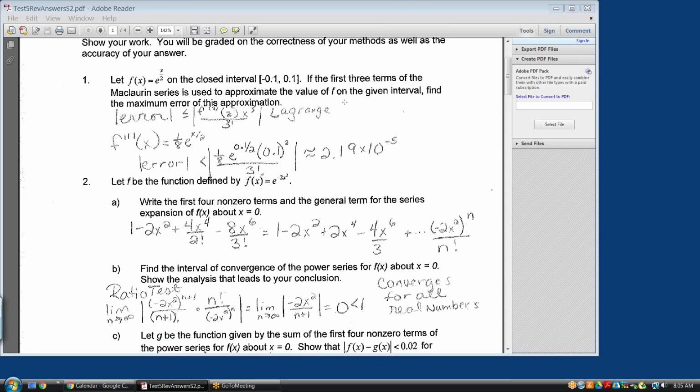And what we know about these intervals is that as we get further and further away from 0, they are less and less accurate at predicting e to the x over 2. So the way you come up with the c is the maximum, or we could have used the minimum value, it wouldn't have mattered. In other words, we could have used negative 0.1 here just as well as positive 0.1.